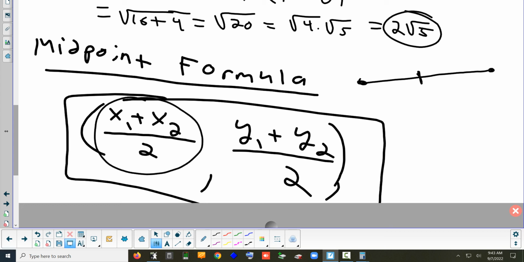You're adding two things together, and then you're dividing by 2. What's that called? If you add two things together and then divide by 2. Yeah, that's averaging. That's all that the midpoint formula is. It's 2 averages. Add the x's up and divide by 2. Add the y's up and divide by 2. What's the average x value? What's the average y value? That's all that formula is.